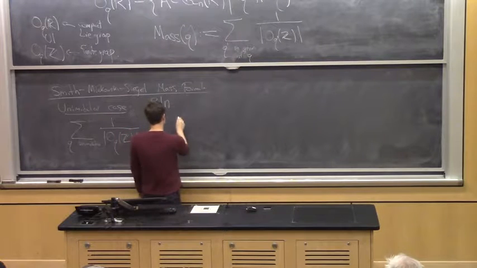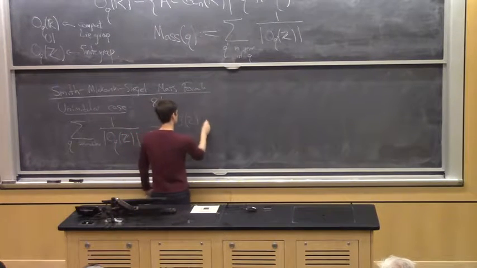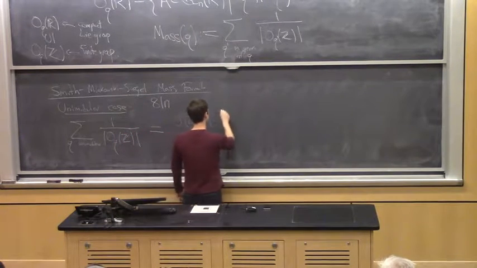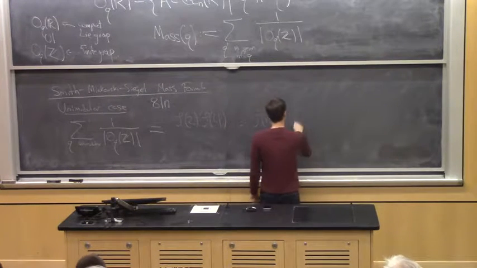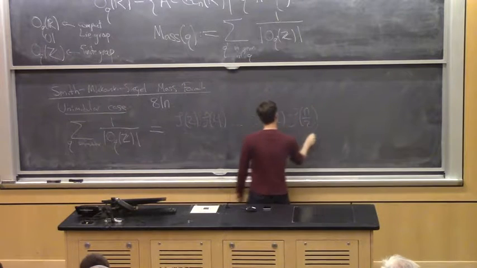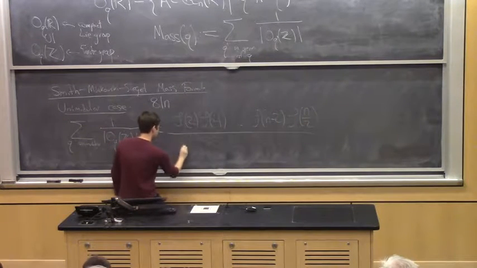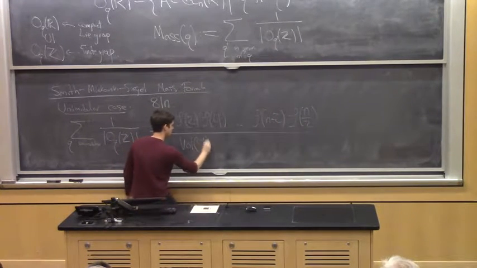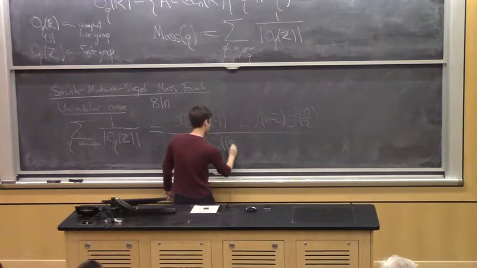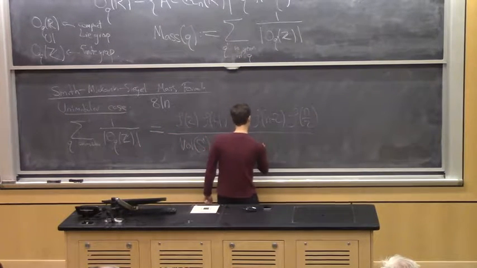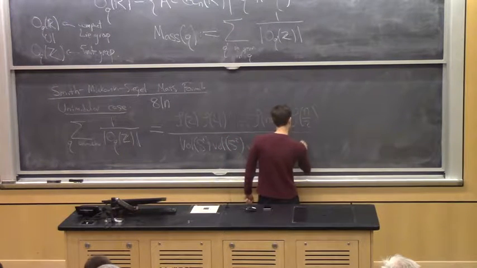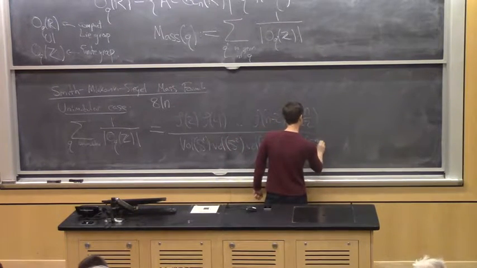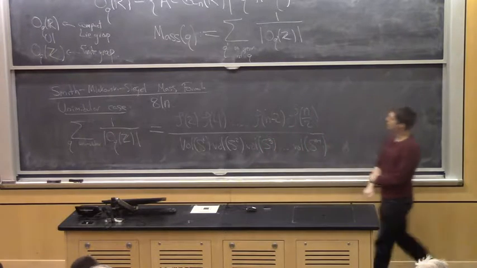The mass formula says that this is equal to a product of some special values of the Riemann zeta function divided by some volumes of spheres: the volume of the 1 sphere times the volume of the 2 sphere times the volume of the 3 sphere, all the way up through the volume of the n-1 sphere.